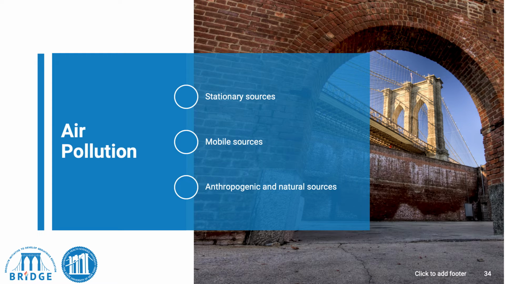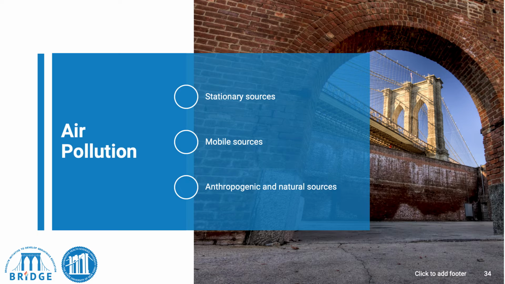Air pollution, again, a big topic, but to boil it down, there's stationary sources and mobile sources of air pollution. I mentioned smokestacks earlier. I'd mentioned airplanes and cars earlier. So we can think about all the different ways that there's pollution that can get into the air, but there's also not just things that we make, that humans make, anthropogenic sources.